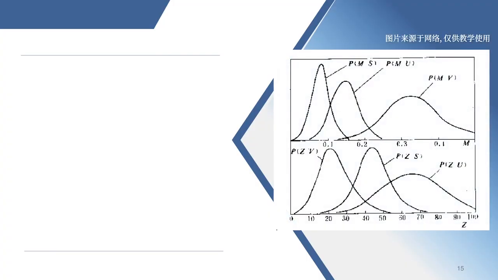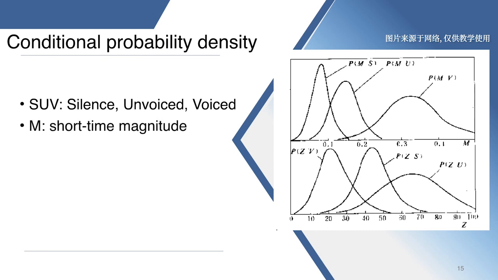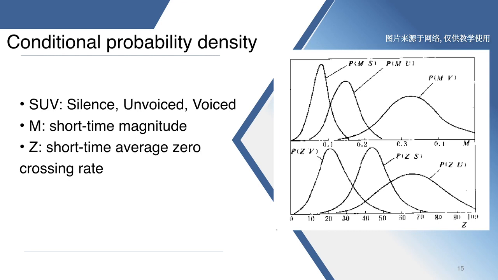The diagram shows the conditional probability density of the short-time amplitude and short-time average zero crossing rate in three cases: silence, unvoiced, and voiced. It can be seen that the short-time amplitude of voiced sounds is the largest, and that of silence is the smallest.